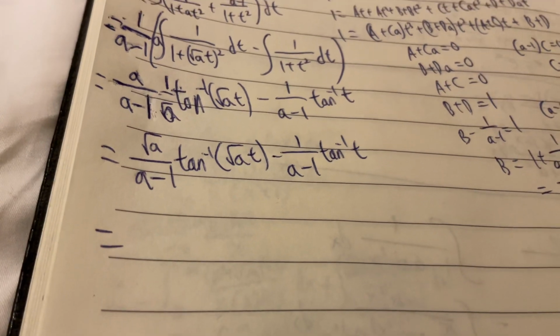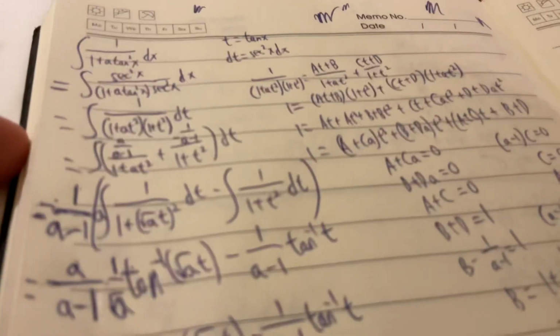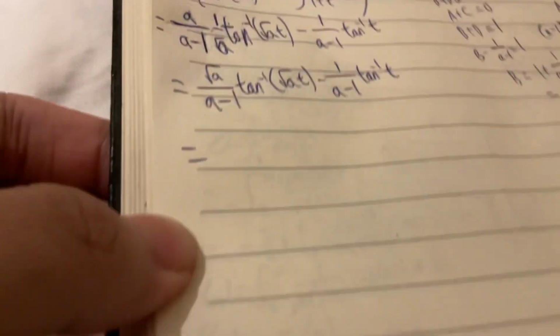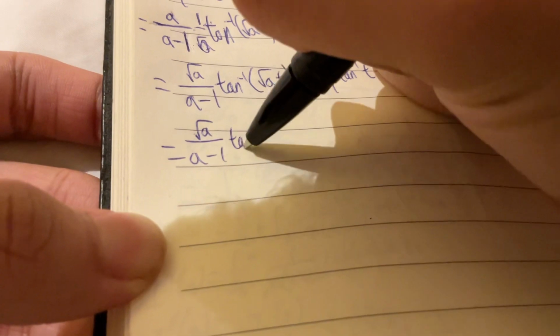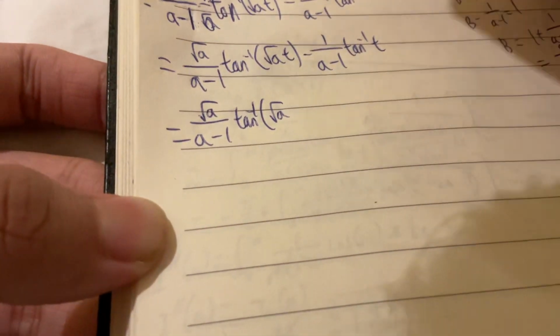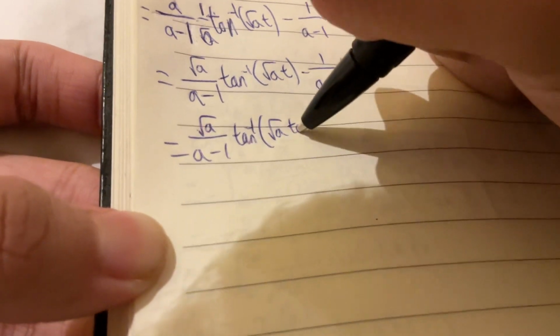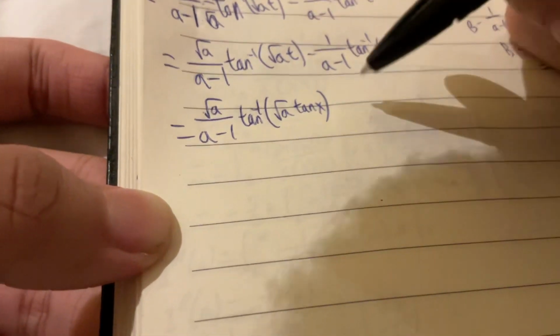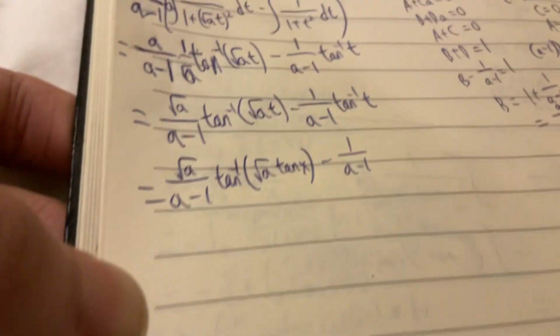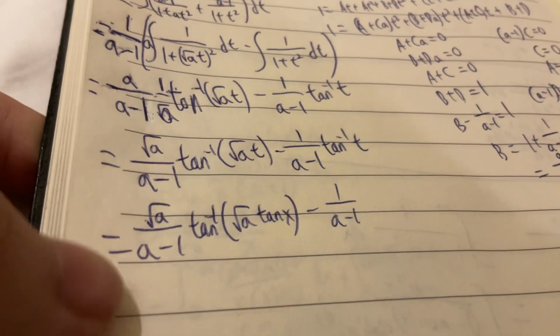But this is not our final answer. We're going to change it to our x here. t is equal to tangent x, we know that. So this is equal to square root of a over a minus 1 times inverse tangent of square root of a times tangent x, and the minus 1 over a minus 1 times inverse tangent of t.